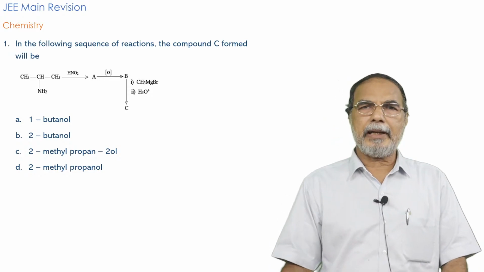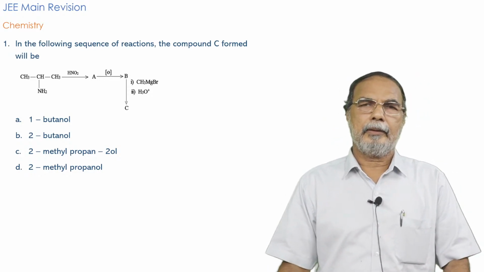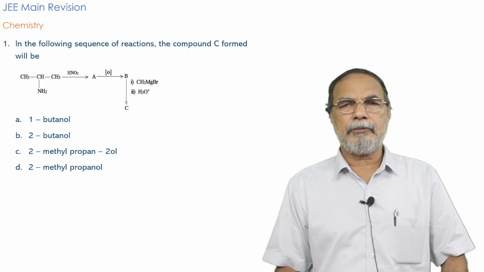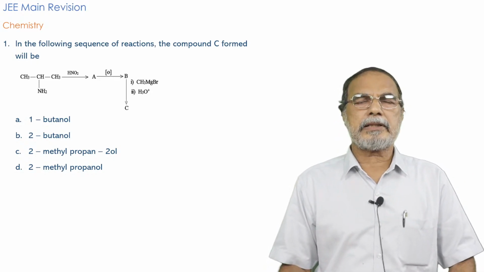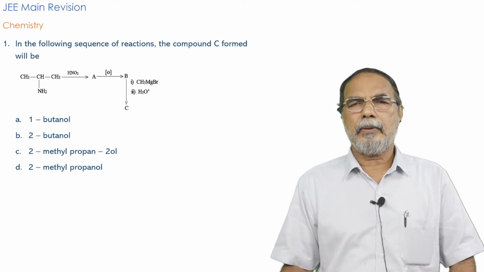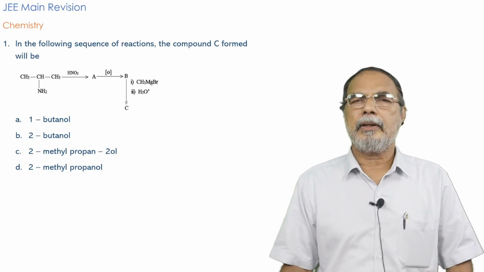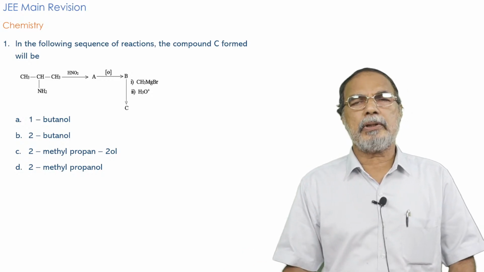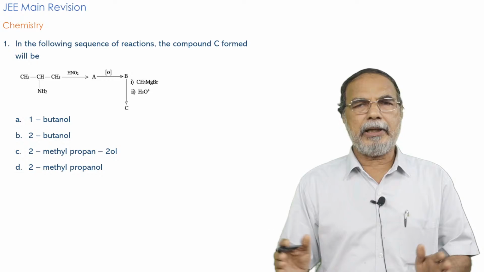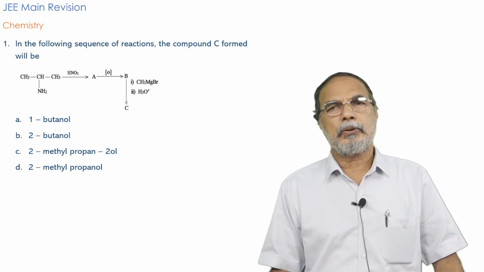So the product A is an alcohol. You must also remember that an aromatic primary amine would react with nitrous acid to give again a diazonium salt which is fairly stable. In this case, the diazonium salt is unstable and spontaneously decomposes to the alcohol.